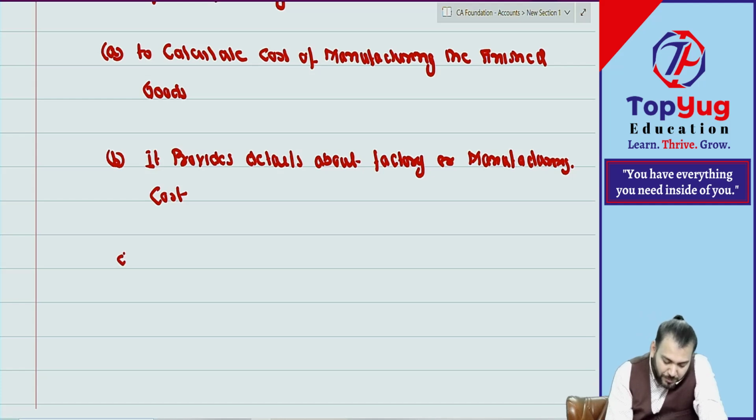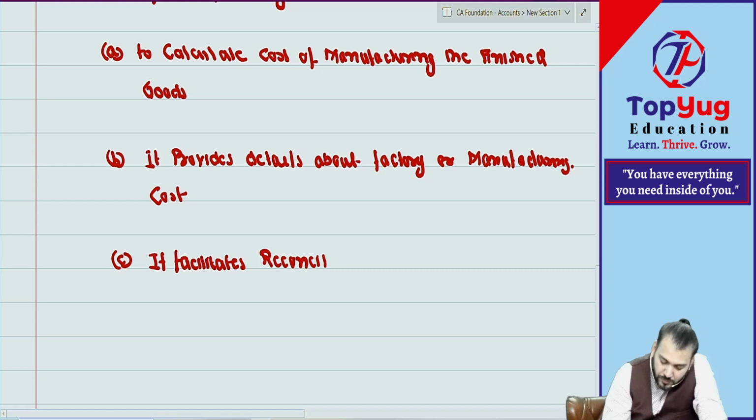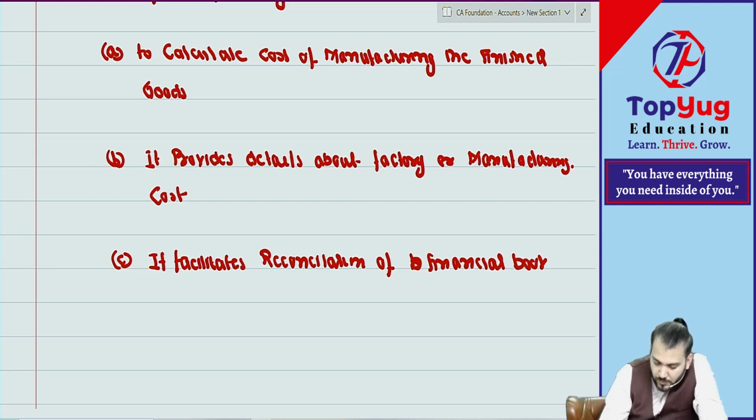Write down. Point number C. It facilitates reconciliation of financial books with cost records.